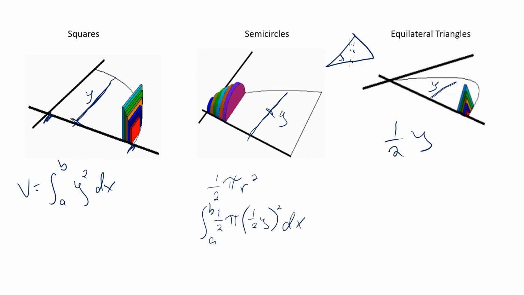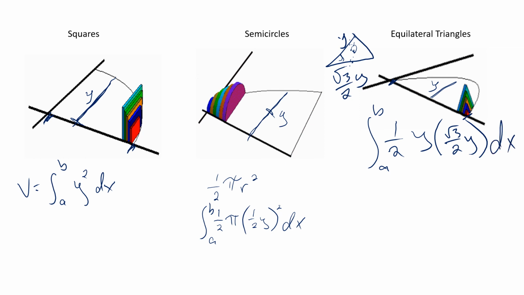We know that the height, if this is y, then that is root 3 over 2 y because of trig. So if you use your special right triangles, SOHCAHTOA stuff, that's the height of an equilateral triangle. So we have 1/2 times y times root 3 over 2 y. We're going to integrate from a to b, wherever a and b happen to be, times dx.